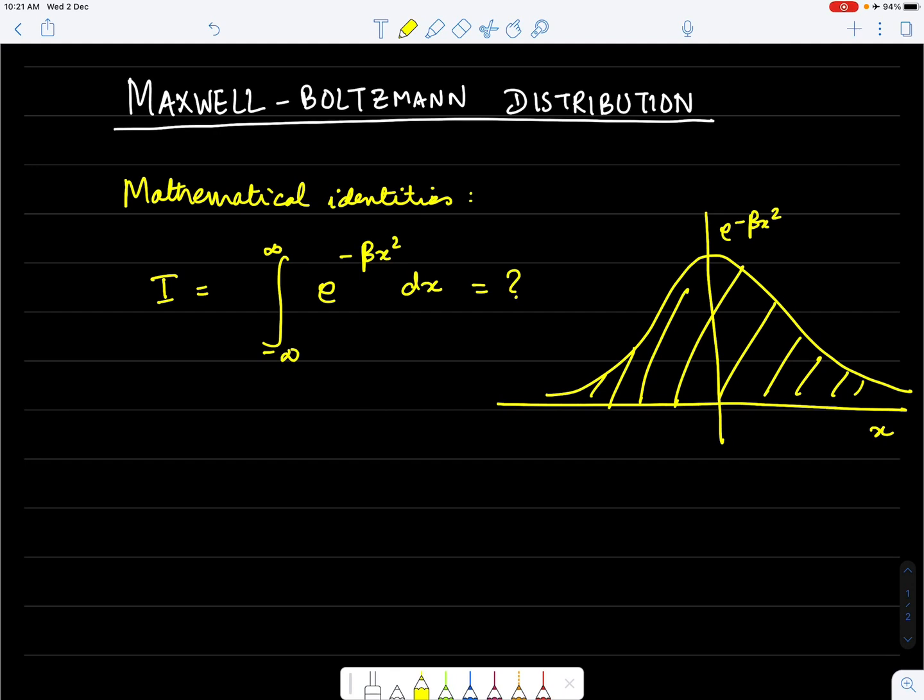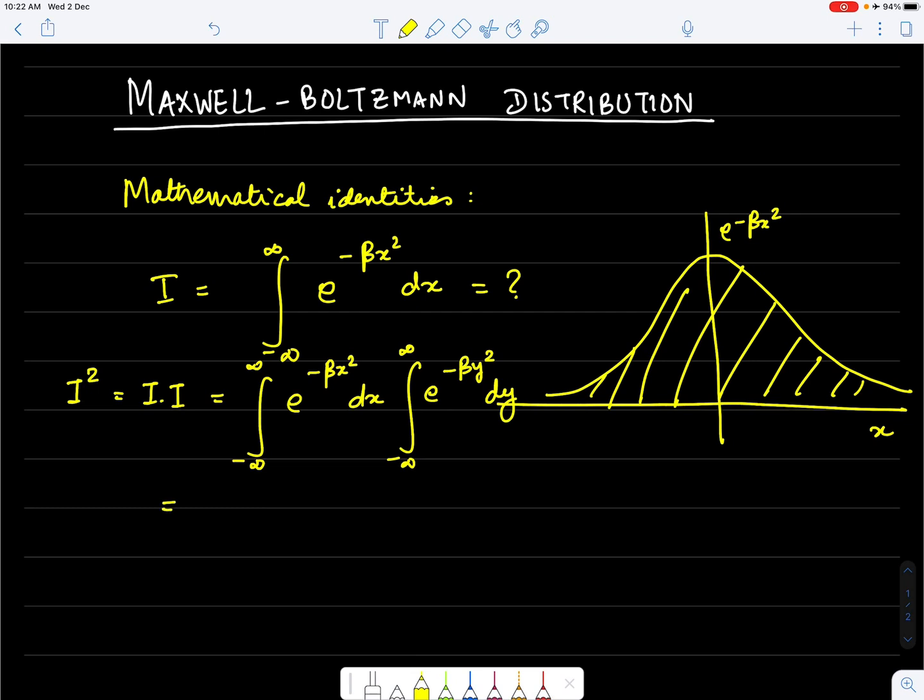Now, to calculate this integral, if I consider I square, which is essentially I into I, I could write this as the integral from minus infinity to infinity of e to the power minus beta x square dx, into the integral from minus infinity to infinity of e to the power minus beta y square dy, where I note that x and y are dummy variables, so it doesn't matter.